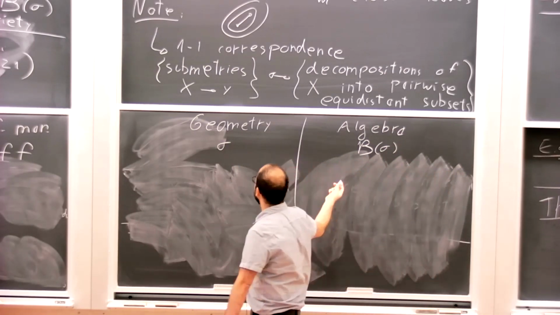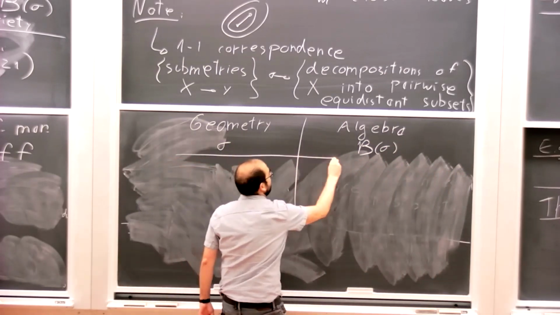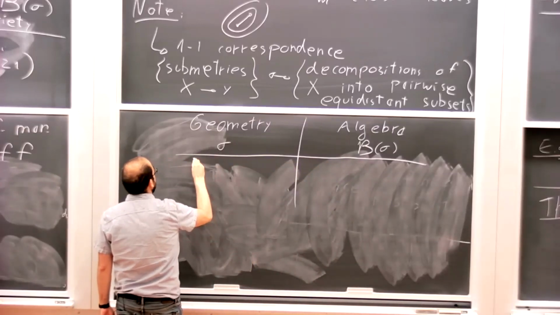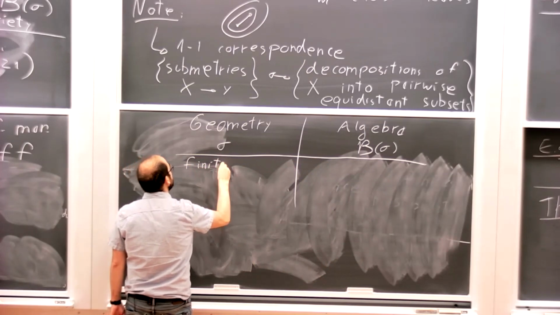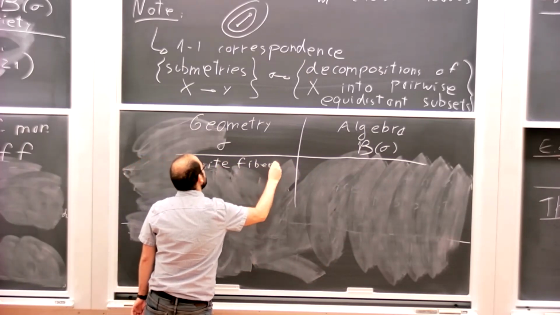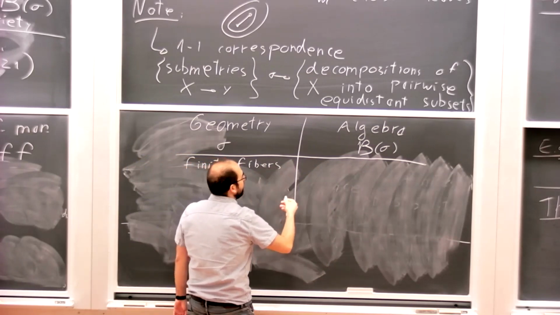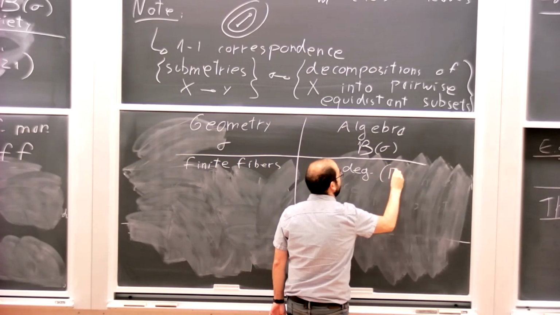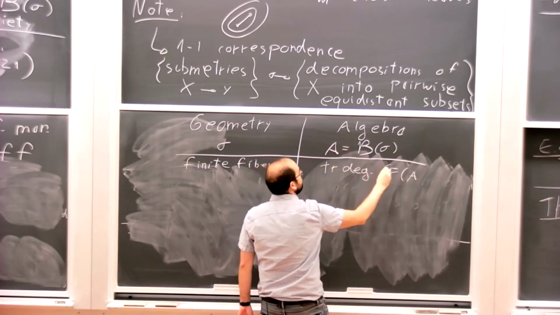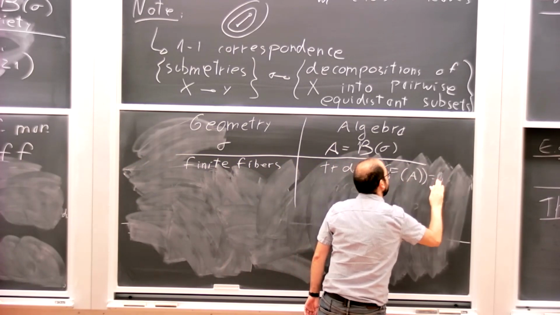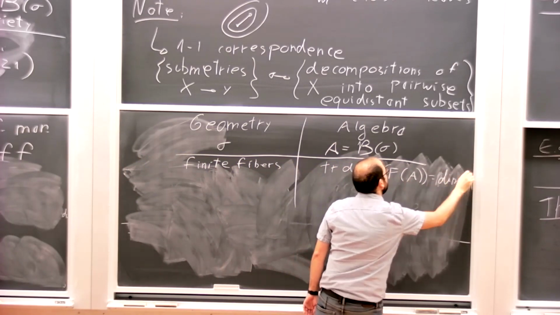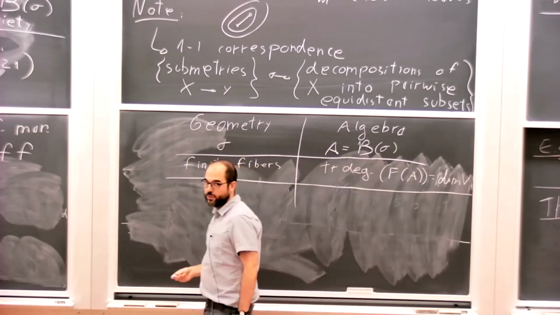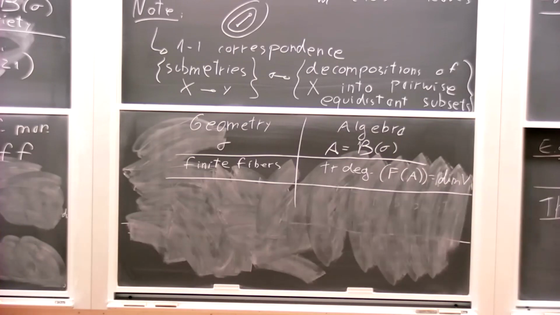Then any property here, what does it correspond to on the other side? Some geometric property here, let's say finite fibers, corresponds to this: the transcendence degree of the field of fractions of the algebra is equal to the dimension of V.